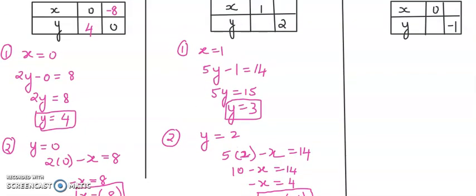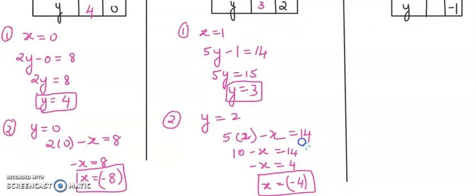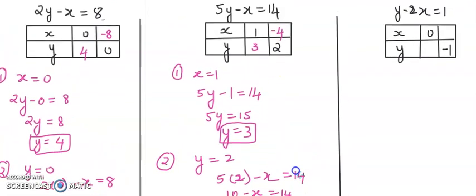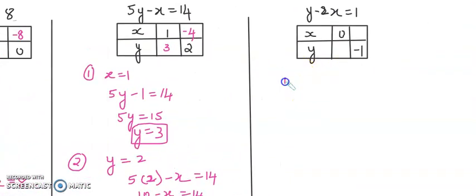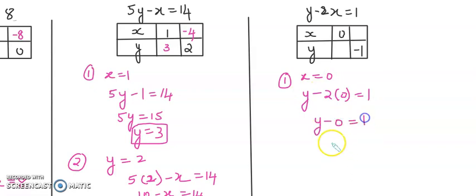Not a big thing to go through. So here when x is 1, y is 3. When y is 2, x is minus 4. The next one: x is equal to 0, that's what I have taken. So y minus 2 times 0 is equal to 1. So y minus 0 is equal to 1, so y is equal to 1.